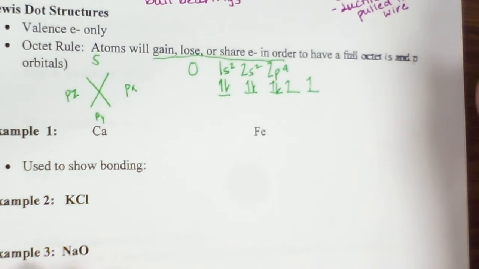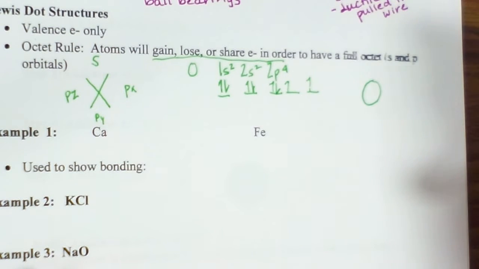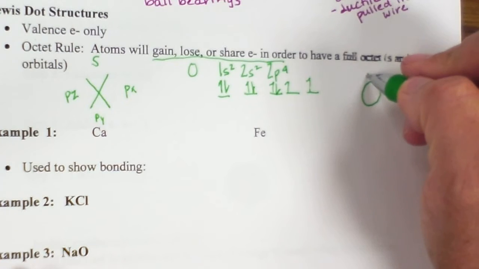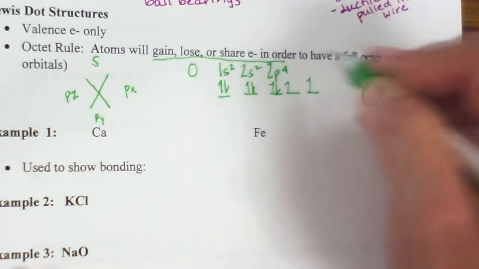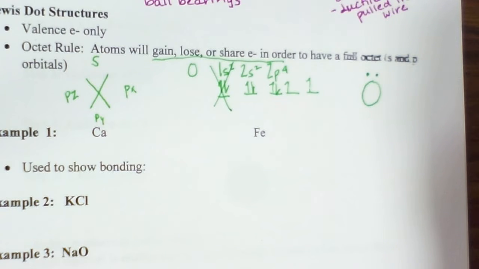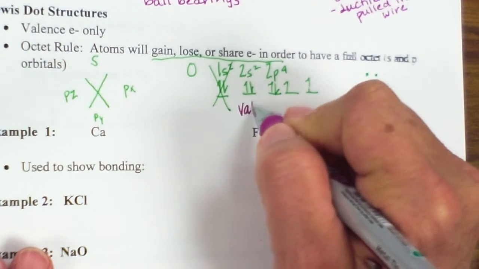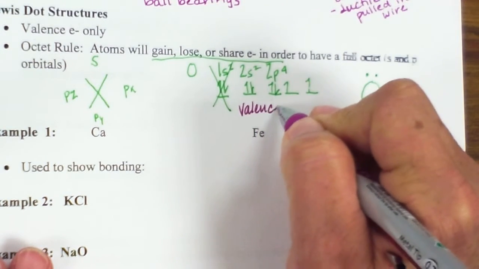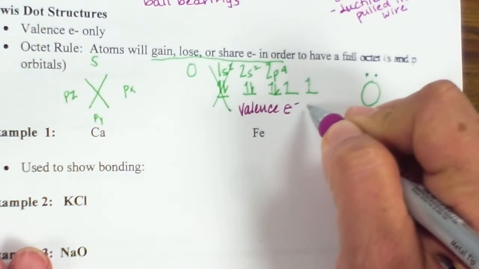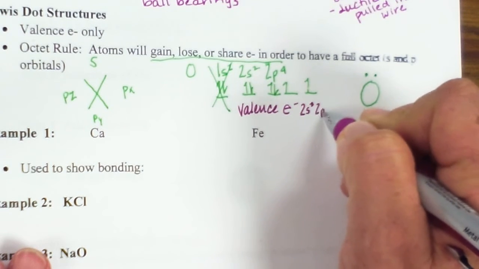So now I'm going to put them around my oxygen atom for my Lewis dot structure. I start with my S1 and my S2, and I don't really care about my 1s2. I only care about my valence electrons, and my valence electrons are 2s2 and 2p4.